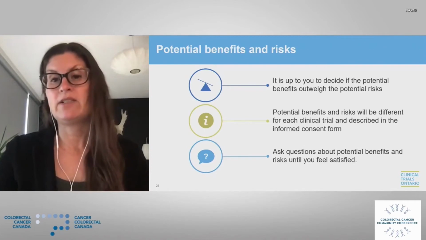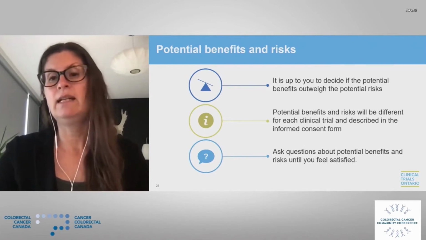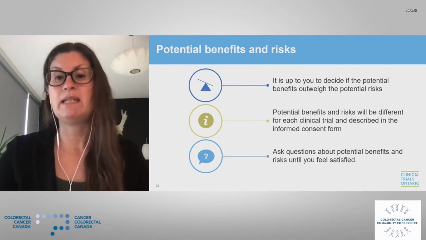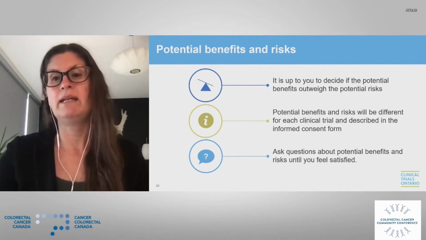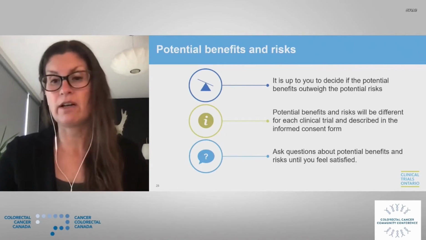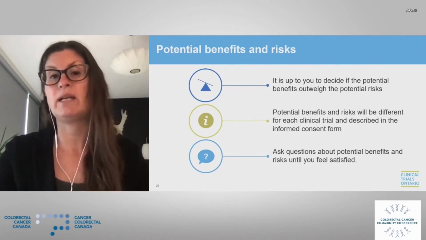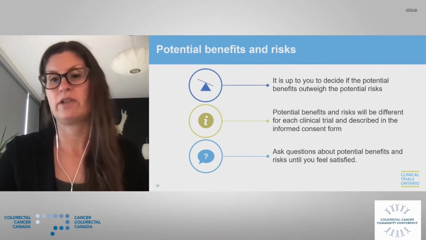All of these potential benefits and risks will be different for each clinical trial, and they will be described in the informed consent form. And these are, of course, things that you should feel free to ask as many questions about as you wish from the trial doctor, the clinical trial team. Make sure that you get your questions answered so you feel like you can make a decision that works for you.